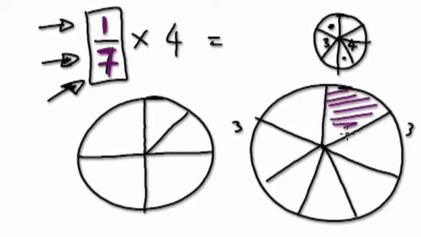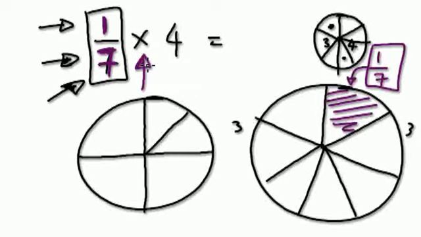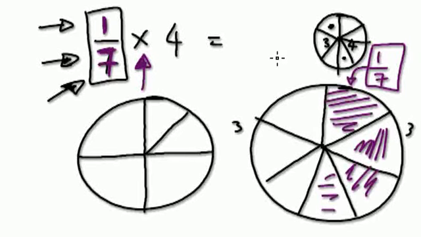This is my 1 over 7 slice. Now times 4 means make an exact duplicate of this 4 times. So I've got 1 already, 2, 3, 4. So the answer is 4 over 7. So 1 over 7 times 4 is 4 over 7.